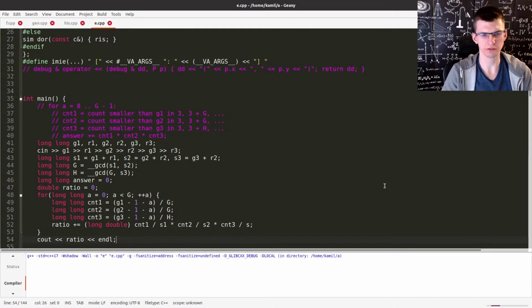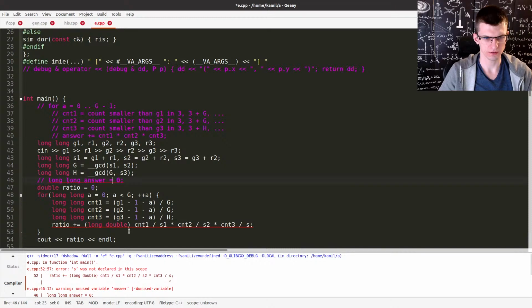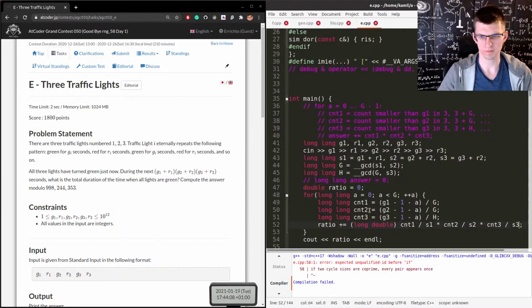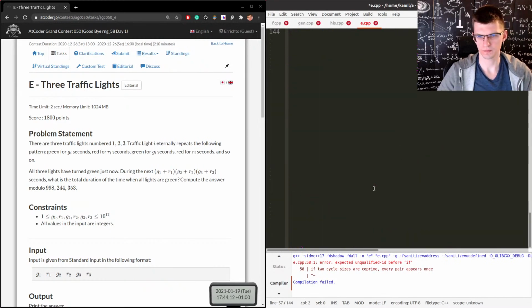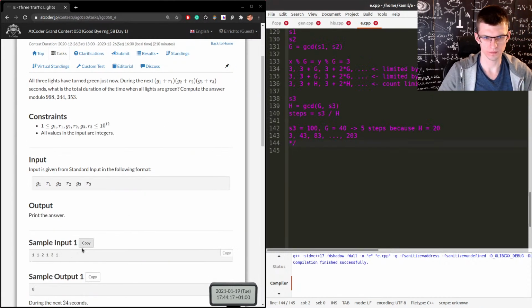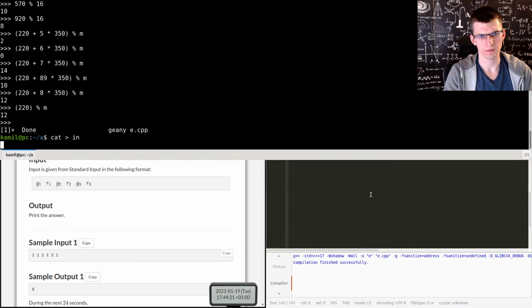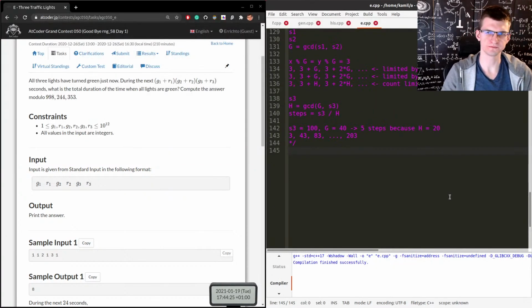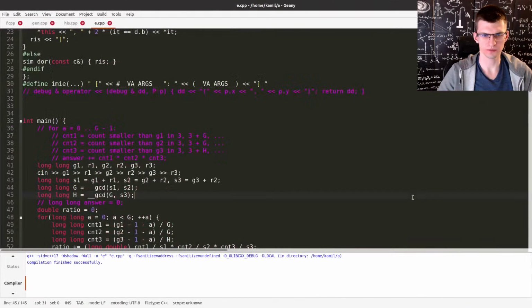Print the ratio. I think ratio is the probability that we hit a good triple. As 3. Zero. That's not good. Ratio shouldn't be 0.